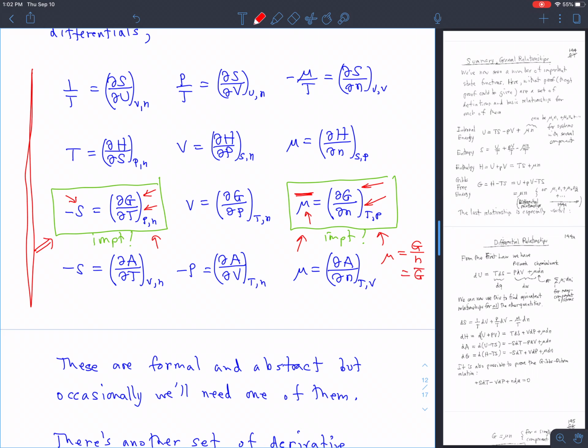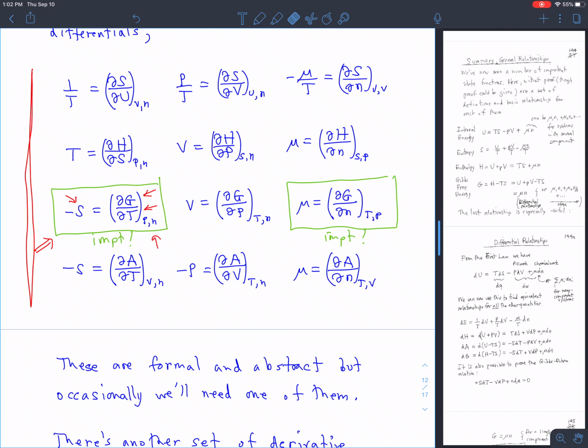This is a derivative. It's not the same as this relationship, but it's clearly related somehow. But this relationship is true even for systems that have many chemical species, whereas this one's only true for pure substances. So it's sort of the generalization of the earlier relationship.